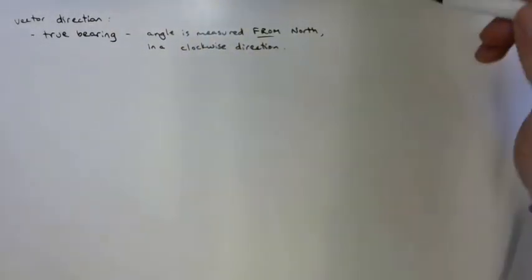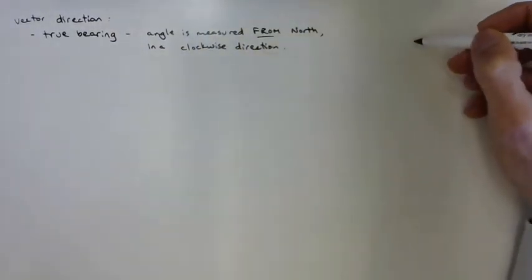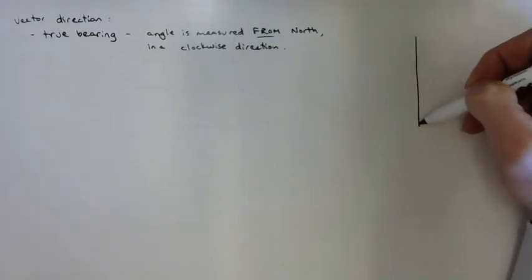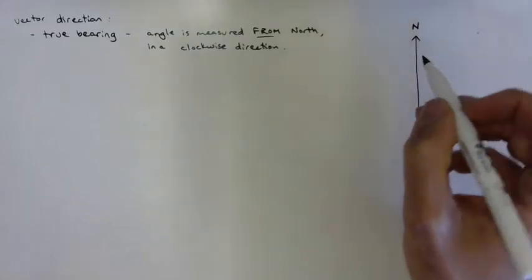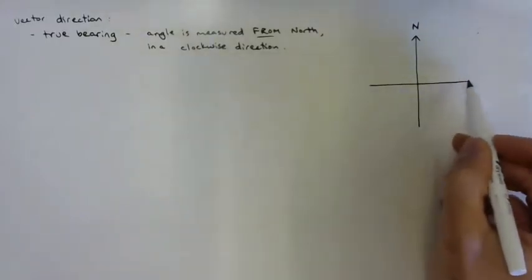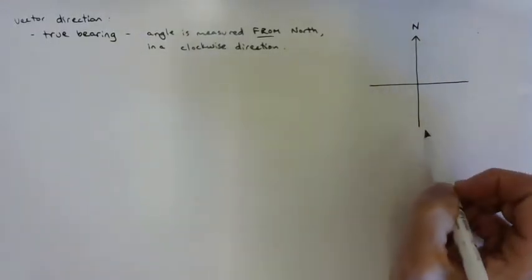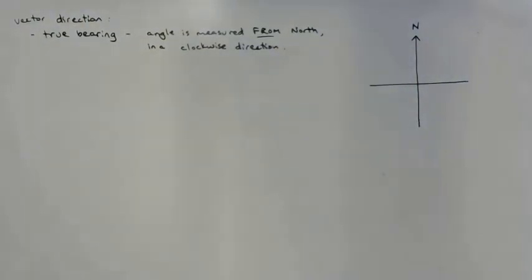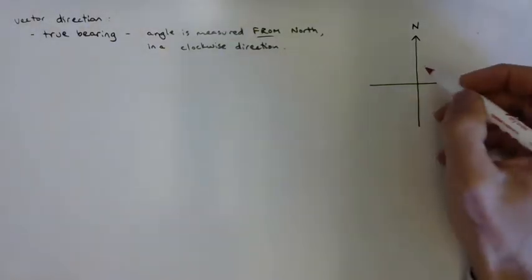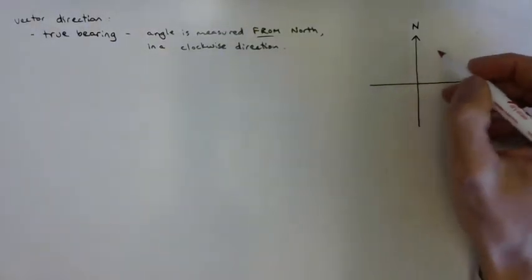So if we have a diagram here and it looks like a compass and we have north, you'd have north, east, south, west, but we're not going to write all those in because in this case we're just concerned with where north is. So we're always going to refer to our angles with respect to north.